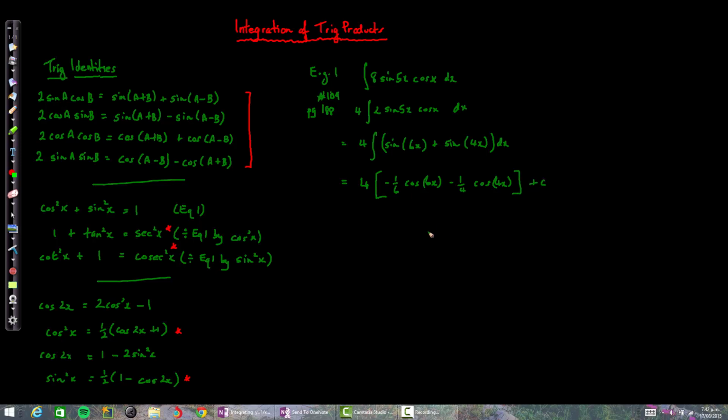plus c. And let's multiply the 4 into that now. So we're going to get negative 4 times negative 1/6, negative 4/6, same as negative 2/3, cos 6x, and 4 times negative 1/4 will simply become negative 1, so minus cos 4x, and our constant at the back.